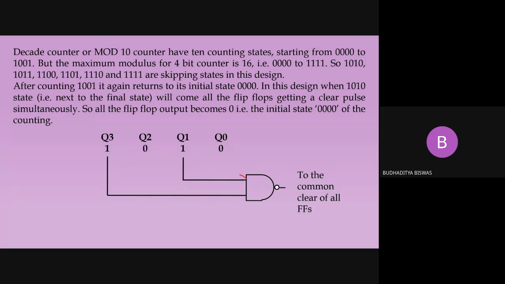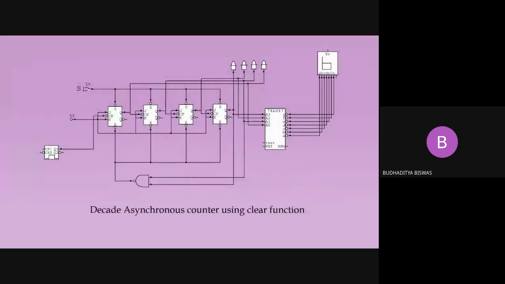We know that when both inputs are 1 in a NAND gate, it produces a 0, and that 0 goes to the common reset input. So for modulus 10, we need to examine the bit pattern of 10 specially, find a unique combination of it, and that goes to the common reset pulse of all the flip-flops used in the design. When 10 comes, a 0 appears here, and that 0 goes to the common reset pulse and clears all the outputs.